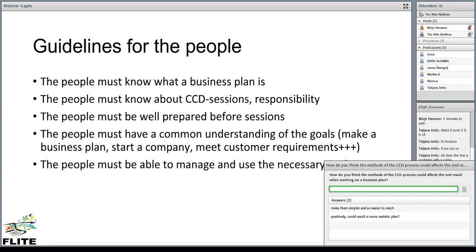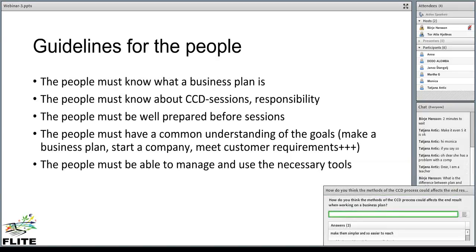Guidelines regarding the people. The people must know what a business plan is. The people must know about CCD sessions and so on. The people must be prepared before sessions. The people must have a common understanding of the goals. And the people must be able to manage and use necessary tools.